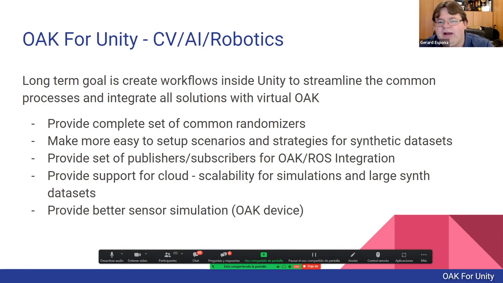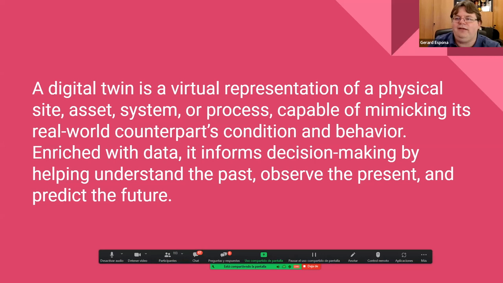So provide a complete set of randomizers, make it easier to set up scenarios and strategies for synthetic datasets, provide a set of publishers and subscribers for OAK ROS integration, provide support for cloud so you can really scale in simulations, and provide better sensor simulation. So yeah, that's also part of the work we are doing.